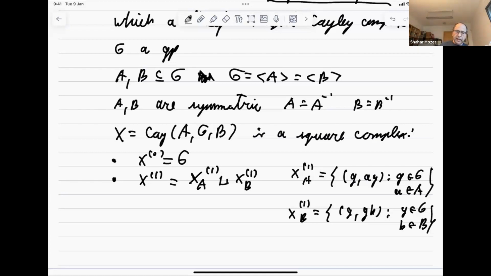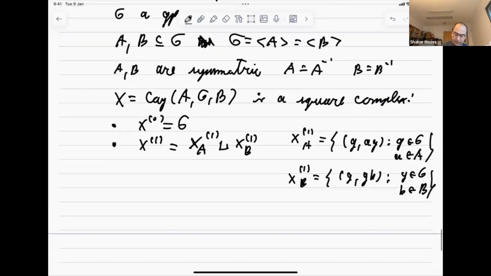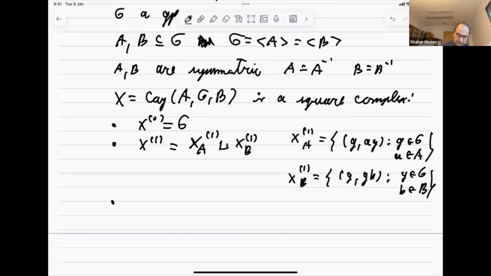Think of the edges of XA as horizontal and the edges of XB as vertical, and then this gives you X2, the square complex. You have a collection of squares: g, ag, gb, and agb.